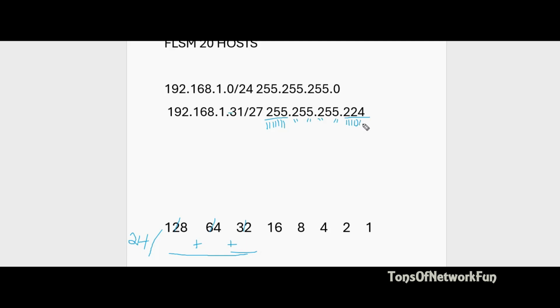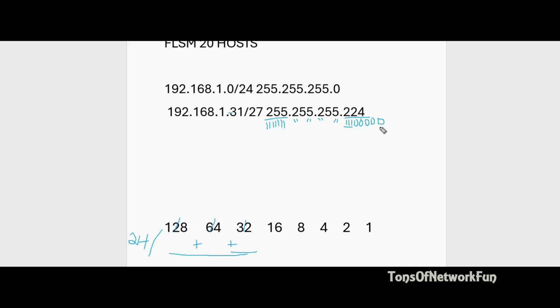So in this requirement, since it was 20 hosts, we only borrowed 3 bits. That's why the first 3 bits are on. It is no longer 0, we converted it into 1.